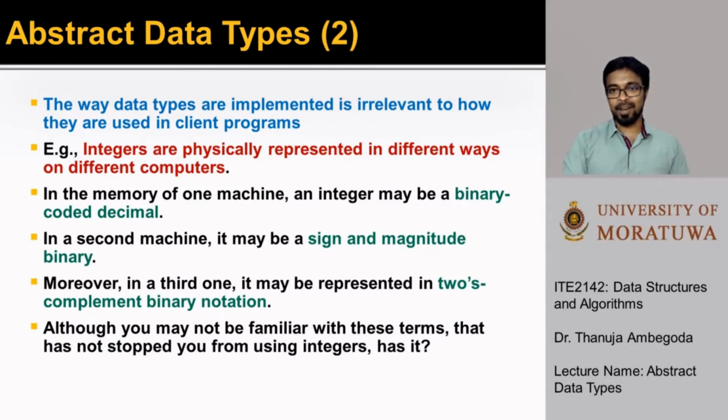You might or might not be familiar with these terms I just said, right? These different implementations of the integer on different systems. But did it ever stop you from using integers in your computer programs? I doubt it. So it didn't really matter to you how these are represented.